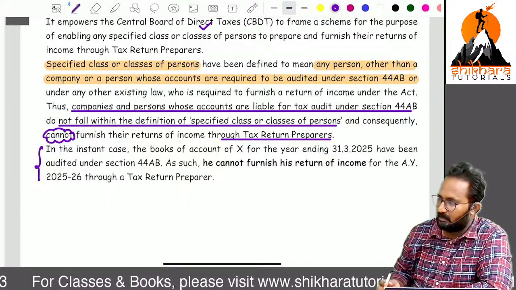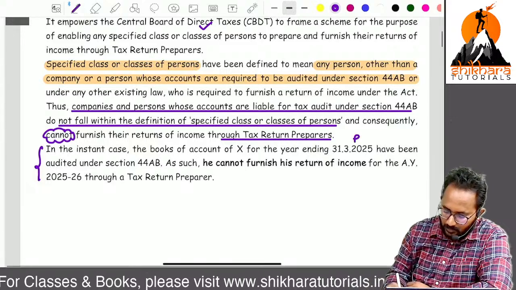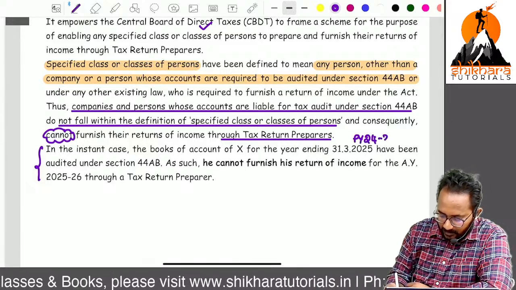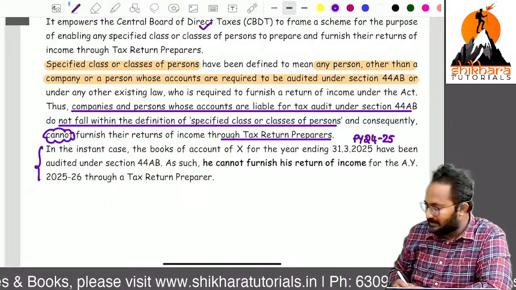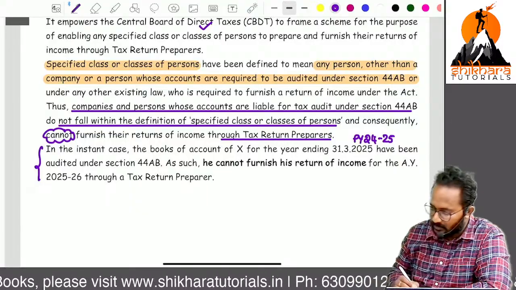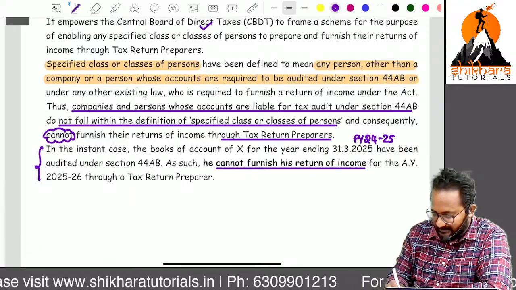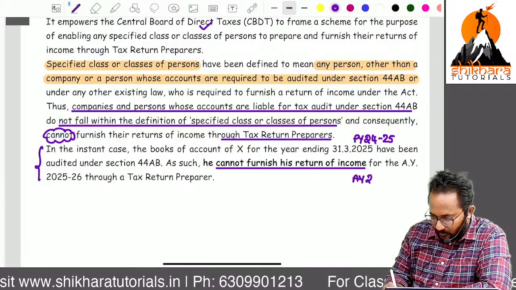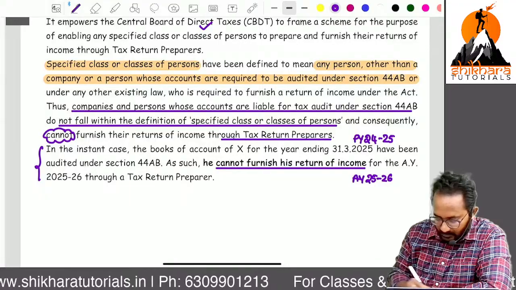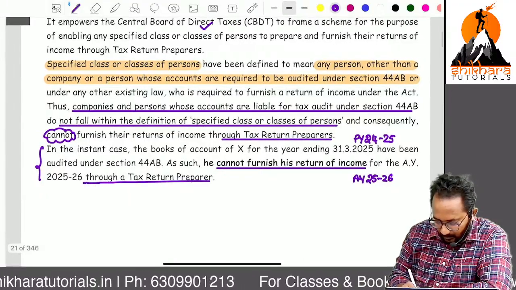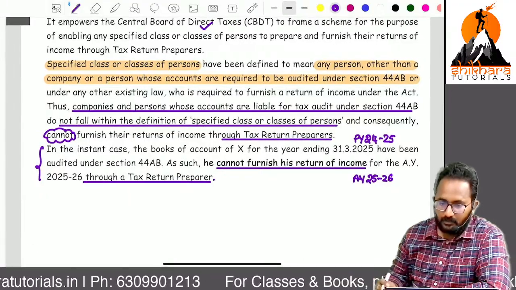Conclusion clearly: here the previous year 24-25 books of accounts need to be audited under section 44AB, so that's why he can't furnish his return of income for assessment year 25-26 through the TRP. All of you clear?